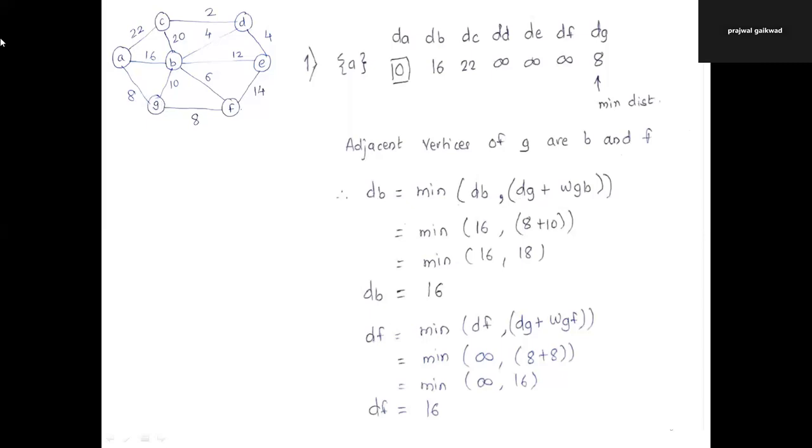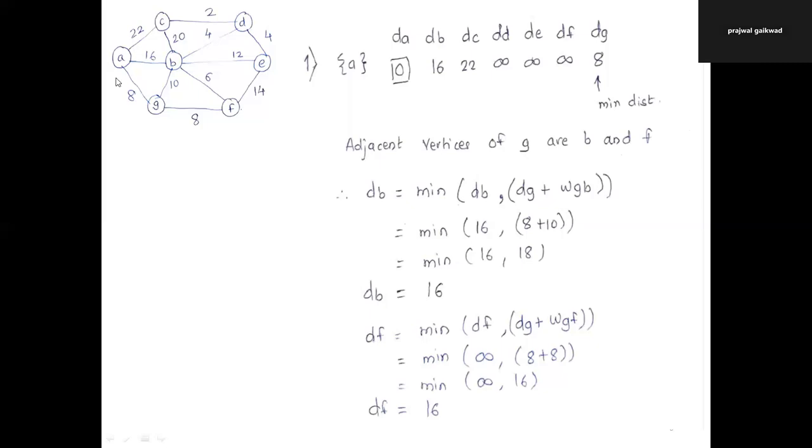Like here, suppose dG, we can reach B from A to G and G to B. So it will be dG plus weight of GB, that means the distance from A to G and the distance from G to B. So the minimum of dB, we already know a direct path is 16. So min of 16, dG which is 8 plus weight of GB which is 10. With that formula, it comes out to be 16.